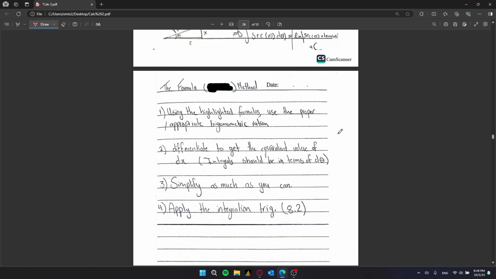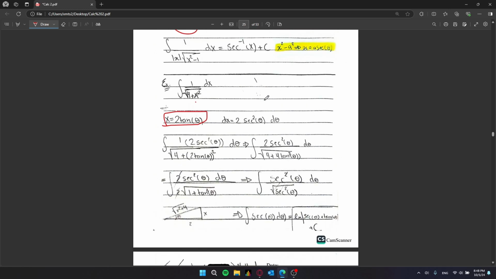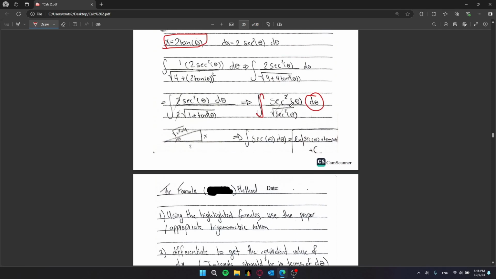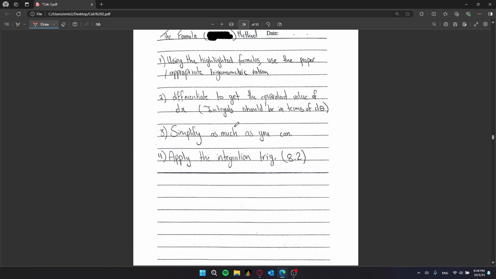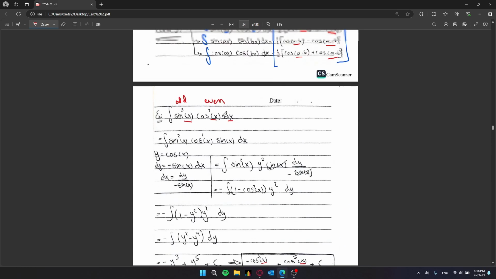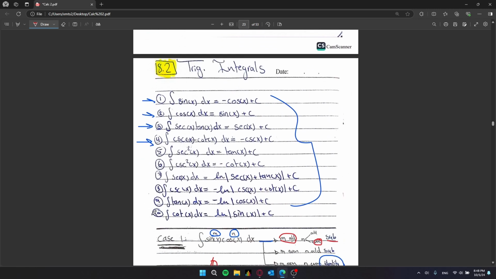Differentiate it to get the equivalent value of dx, making sure that the integral is in terms of d theta. So once you are simplifying everything, after a few simplification steps, you're getting the integral in terms of d theta. Afterwards, simplify it even further if you can, and then just apply the integration trigonometric identity that was given just previously in 8.2, the rules that were here.